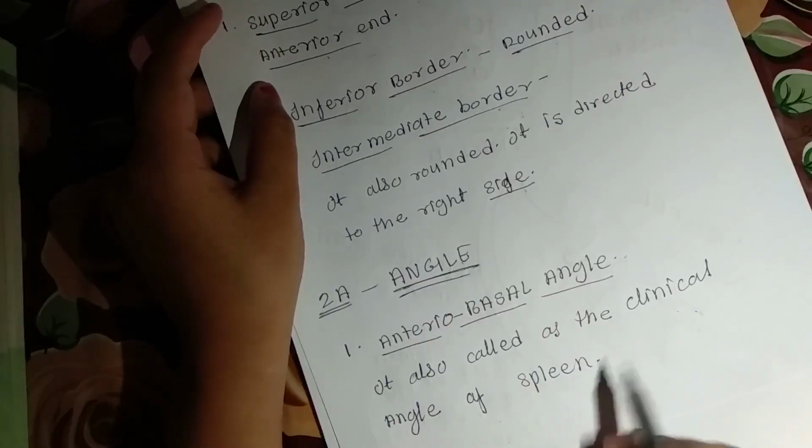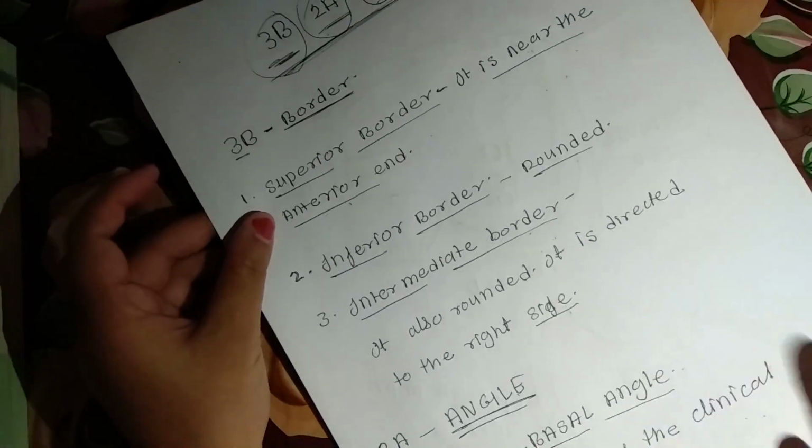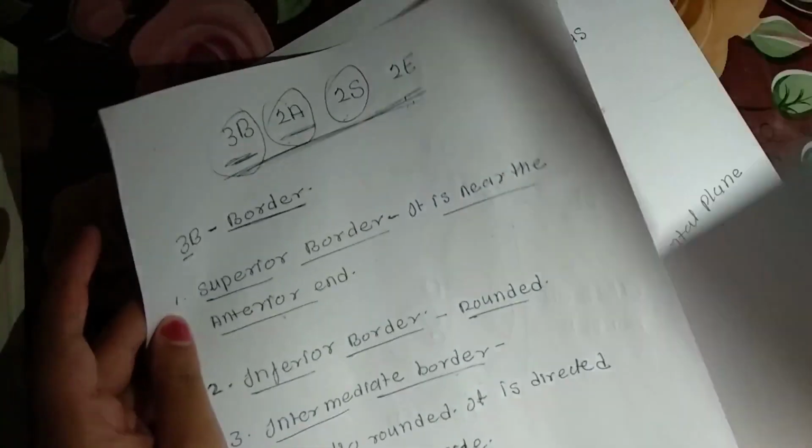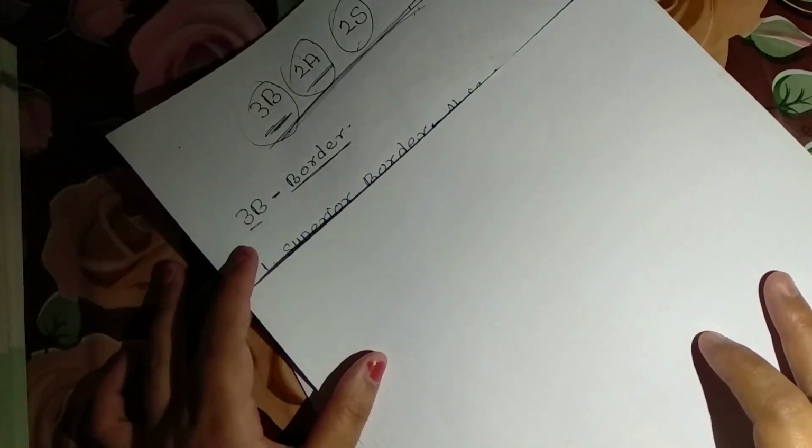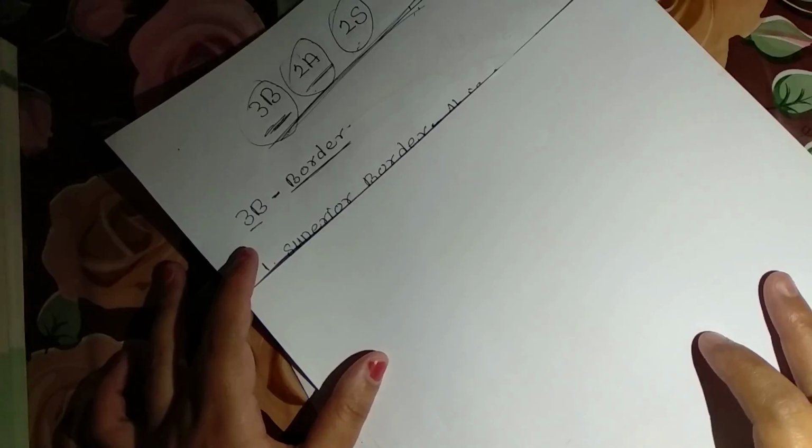Angle of spleen. Now second, and it is also the junction of the superior border with the lateral or anterior end.